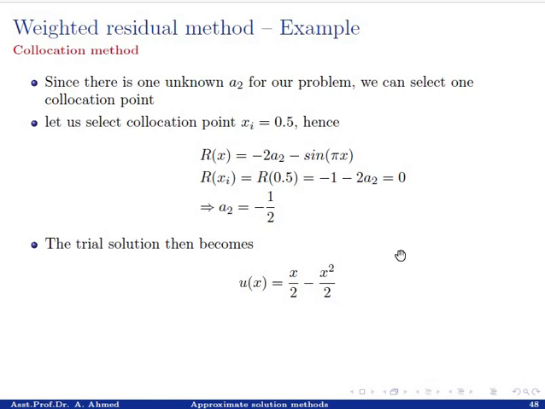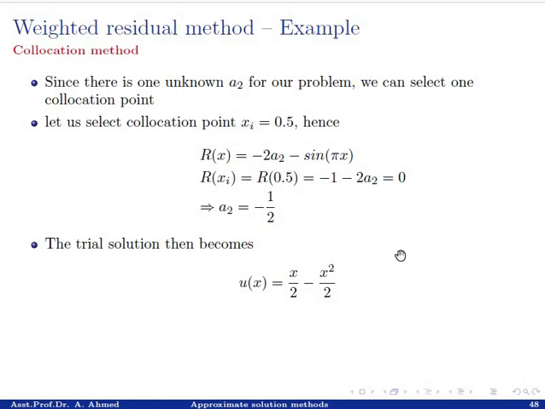Let's try to solve the same differential equation using the collocation method. The first step is to assume a trial solution. Let's say again I assumed a quadratic trial solution, U is equal to a naught plus a1x plus a2x square.